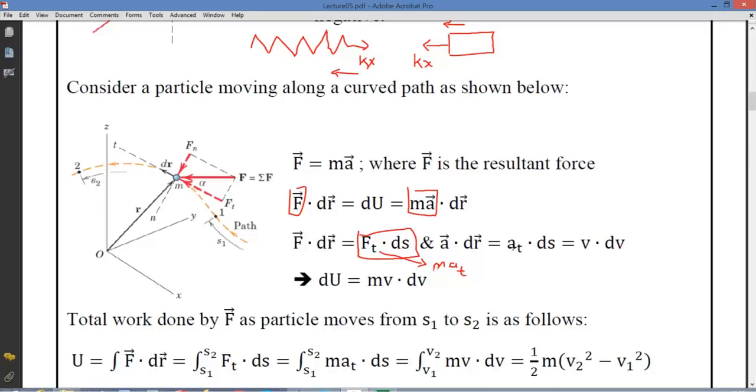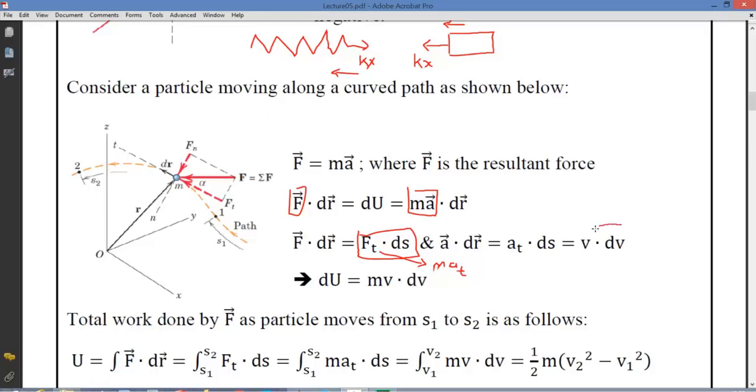The tangential component of the acceleration times ds is equal to v dv. This is our third equation applied specifically for n-t coordinate resolution of the acceleration, right? You can find this information again from your kinematics lecture notes. And if we make use of this information instead of at times ds in this equation, now we end up with dU equal to m times v times dv.